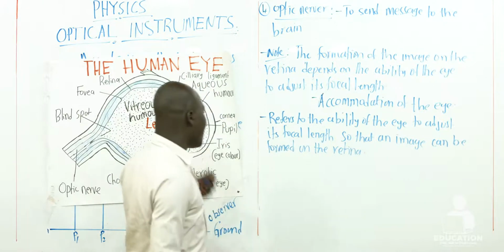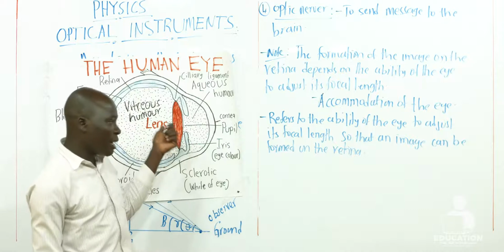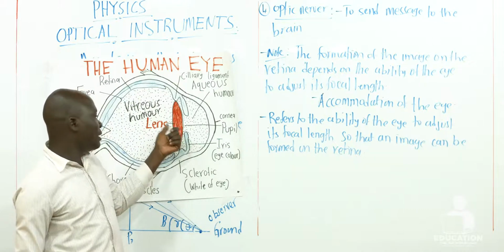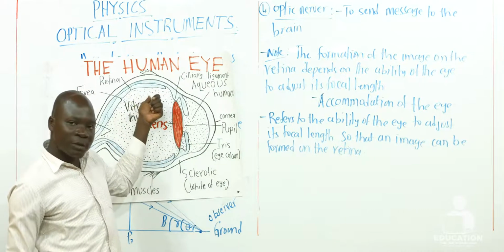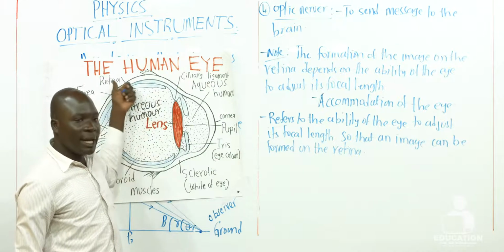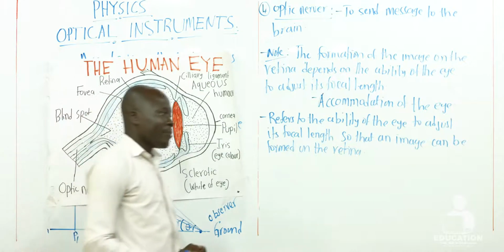Which means if the human eye cannot adjust the focal length, we shall find that the image will either be formed in front of the retina or behind the retina.